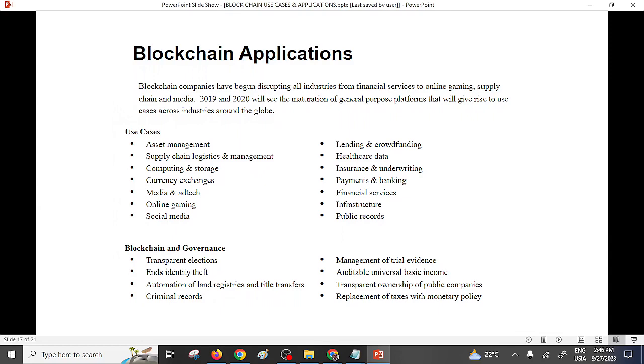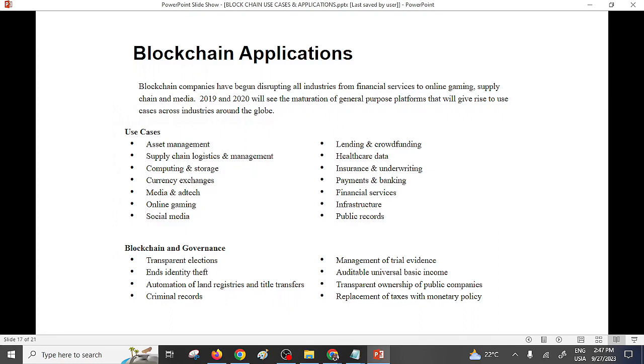Also, there's some research work that you guys are doing on blockchain and governance. We have so far looked at transparency, or how we can carry out transparent elections, and identity theft.